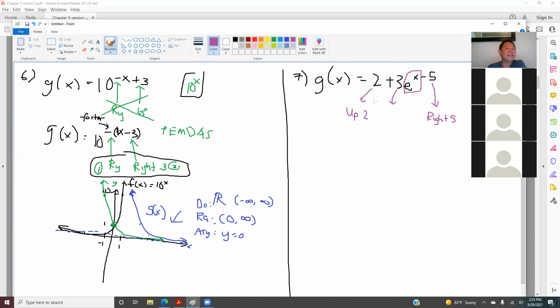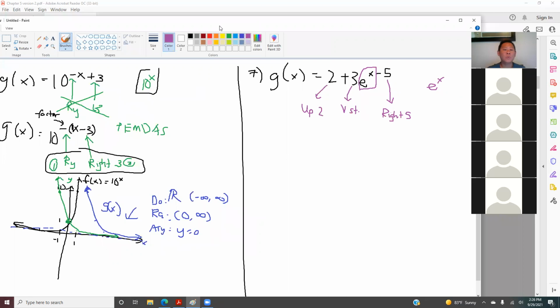And anyone know what is that 3 in front of it? This 3 is being multiplied. Is it a vertical stretch? Yep, this is a vertical stretch. Okay, if this is 1/3, then it would be a vertical shrink. Okay, so can you tell me which one should we perform first?